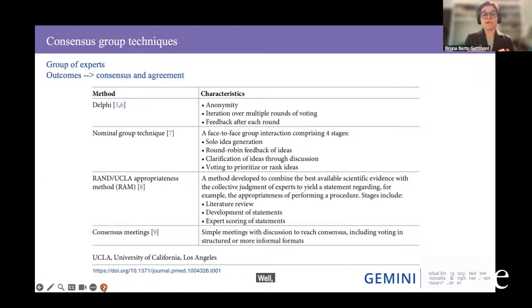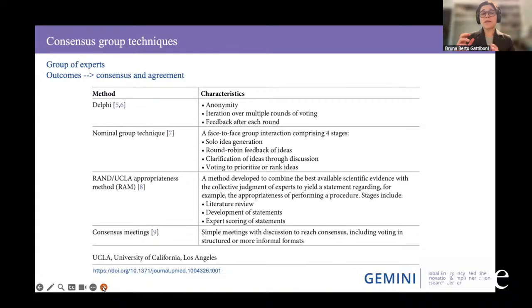We have different methods like the Delphi, the nominal group technique, the RAND appropriateness method, and the more informal form is the consensus meeting. But the methods most used in research now are Delphi and nominal group.